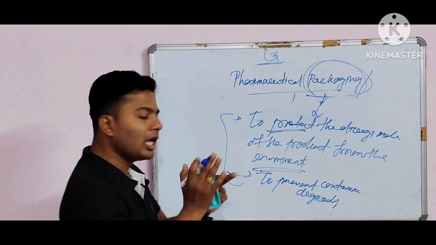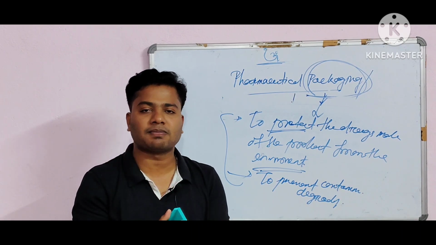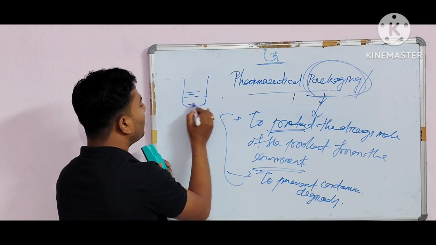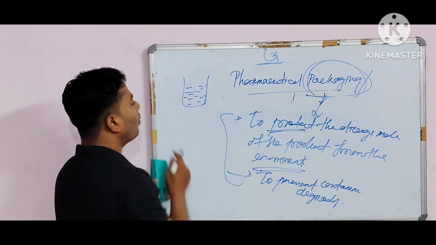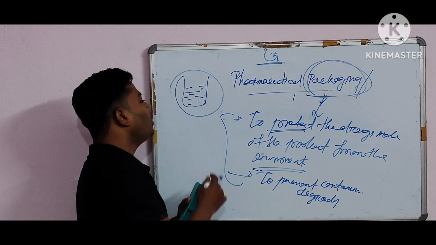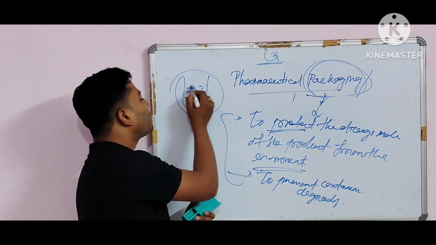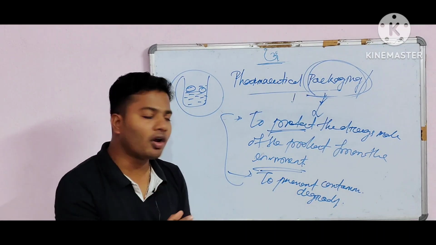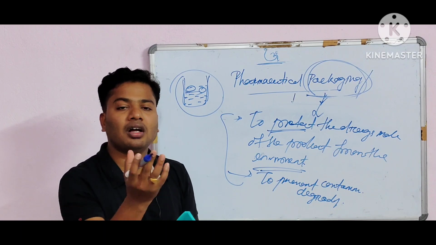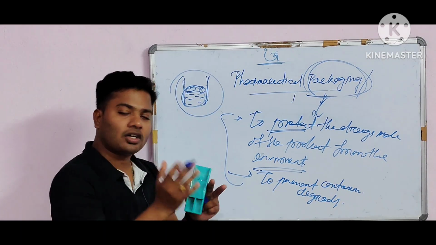In a simple way, if you do not package any type of dosage form, what will happen? Suppose you place some liquid dosage form in a container and do not seal it. Definitely after some time, some microbial growth will appear inside the container, because it comes in contact with the air.